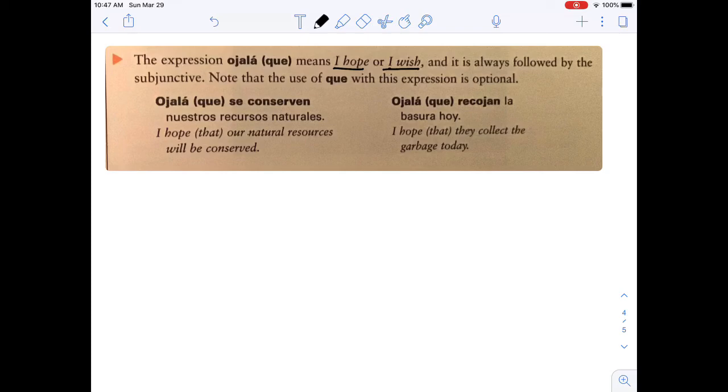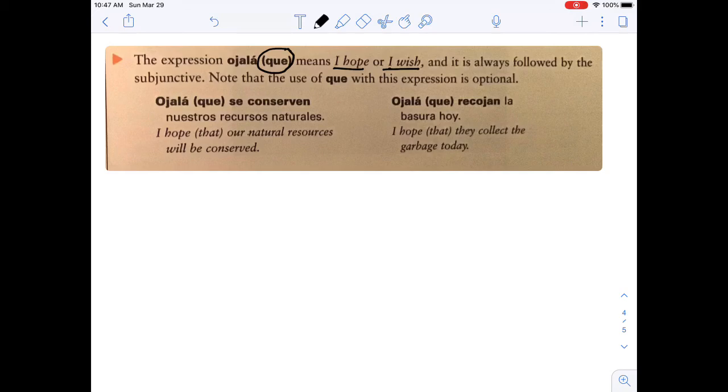What we want to know, and I put it in the PowerPoint for you guys for the notes, is that it really comes from the Arabic influence on the Spanish language. Allah being God, so ojalá, God willing. Okay? We're going to use it and translate it as I hope or I wish because we can use it in those cases. Now, with this phrase, notice that que is in parentheses.